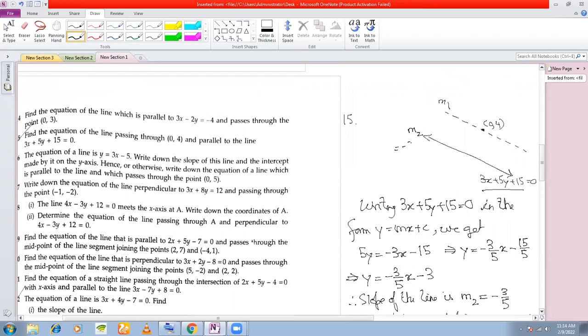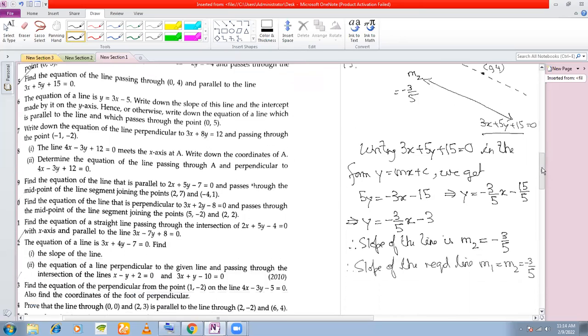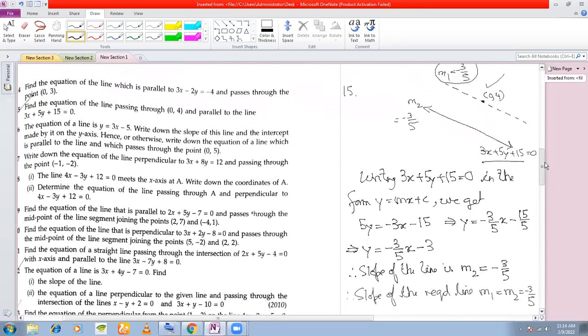This is equal to minus 3 by 5, and this is also equal to minus 3 by 5. So now you know the slope of this line we need to find out. And what else? What is the other information given? That it contains the point 0, 4, that is, it passes through the point. So what is the standard form that we use when we know one point on the straight line and we know the slope of the straight line? It is the point slope form, right?